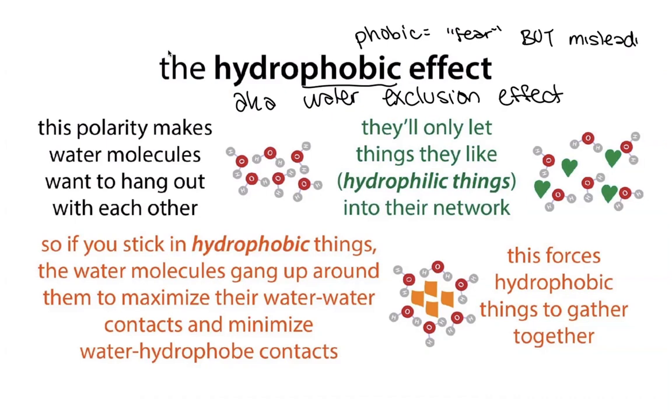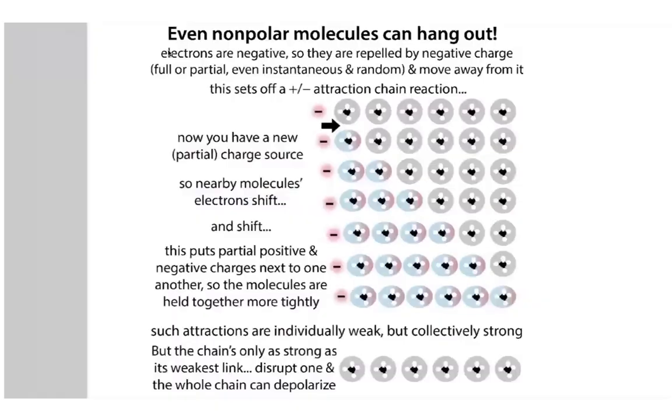It's not that these things are afraid of water, and it's not even that they're avoiding water, it's that the water is avoiding them. And it's this water excluding them that is going to force them together. This has important consequences, though, because once they're forced together, they're actually going to be able to form some interactions. And we often call these hydrophobic interactions. But remember that these are the same sorts of interactions that we saw before.